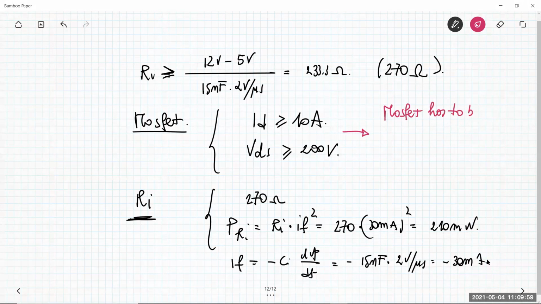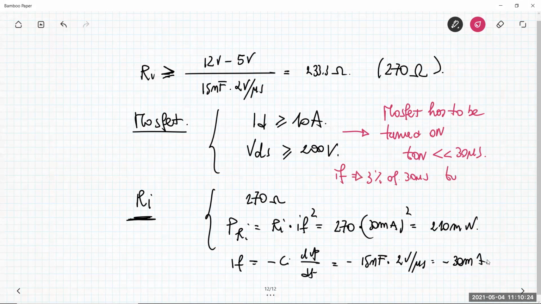So here we have to add that the MOSFET has to be turned on with a time interval T on which is well less than 30 microseconds. For example, let's take a few percent, say 3% of 30 microseconds.